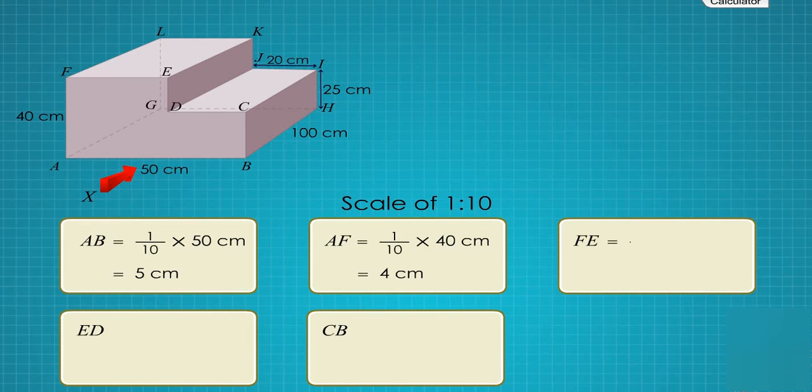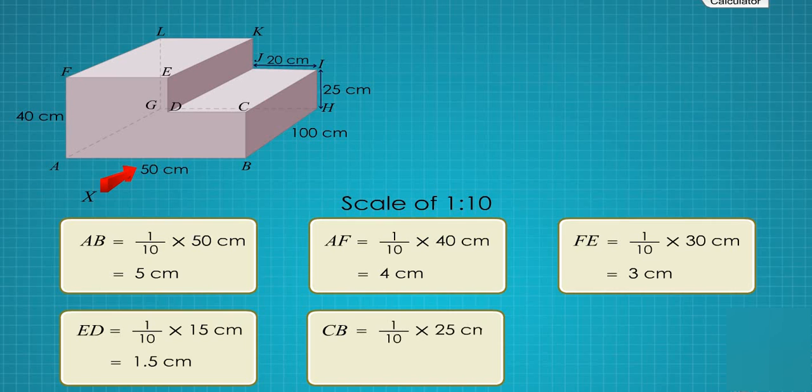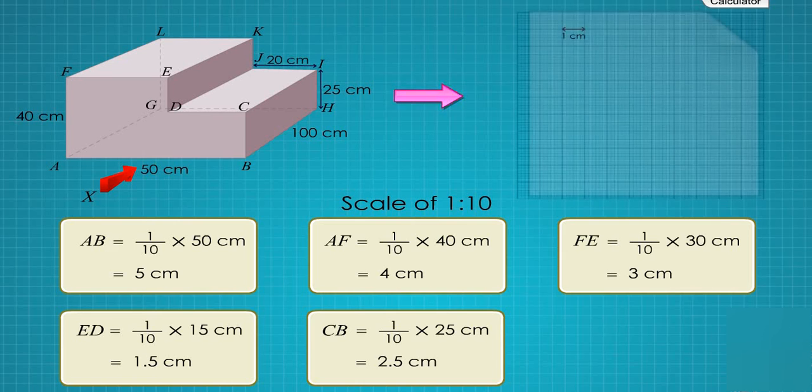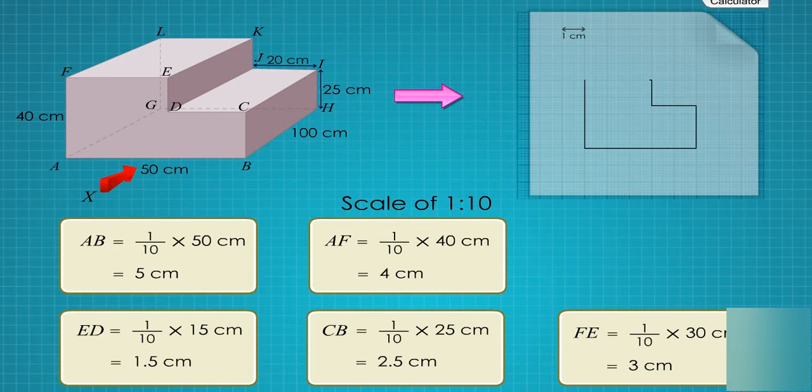FE is equal to 1/10 times 30 centimeters, which is equal to 3 centimeters. ED is equal to 1/10 times 15 centimeters, which is equal to 1.5 centimeters. And CB is equal to 1/10 times 25 centimeters, which is equal to 2.5 centimeters. Based on these measurements, we draw the front elevation of the solid object.